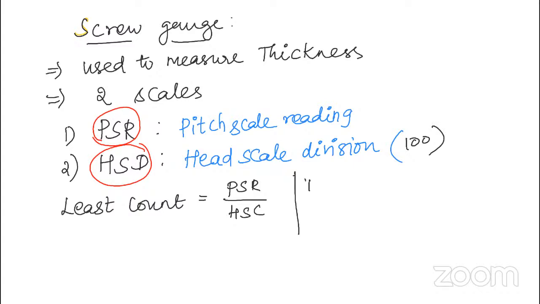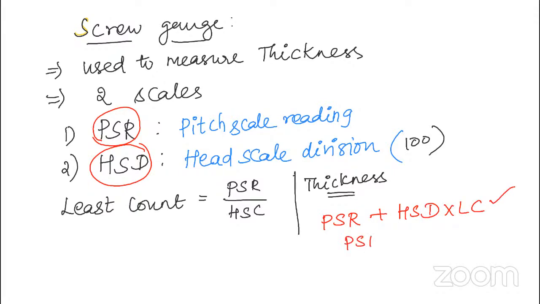So the formula for calculating thickness is PSR plus HSD into least count. This is a correct one.